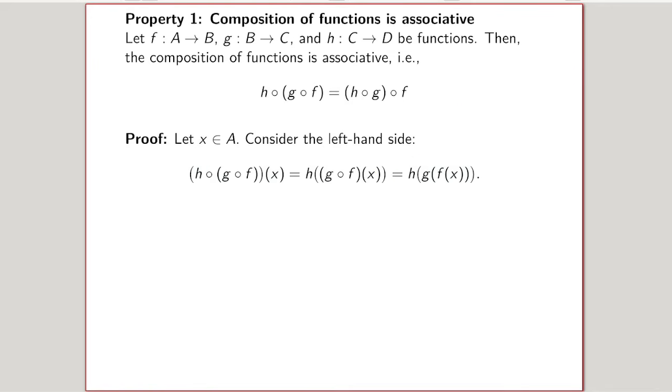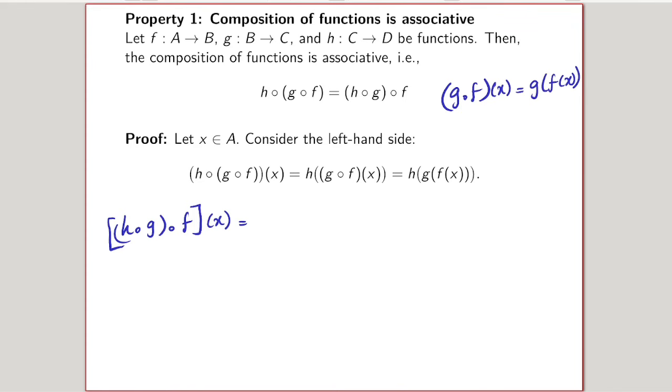So next one we have to compute the right hand side. Right hand side is nothing but (h composition g) composition f. We are going to operate the same for the element x. This is equal to, remember already I have told you, if it is f composition g of x, we have to write it as f of g of x.